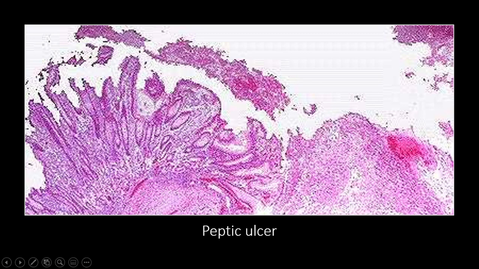This is the intact gastric epithelium, and here there is the discontinuity or breach in the gastric mucosa, in which there are 4 distinctive layers: necrotic layer, chronic inflammatory cell layer, granulation tissue, and collagenous layer.